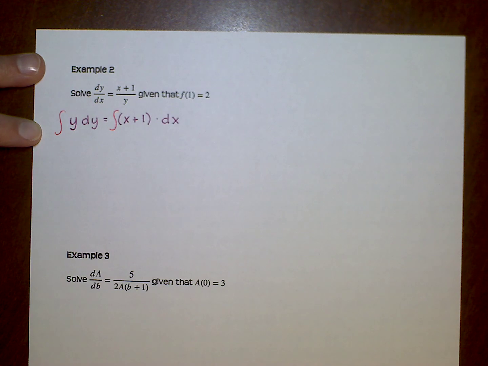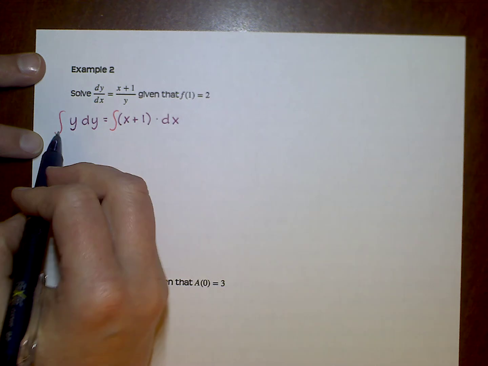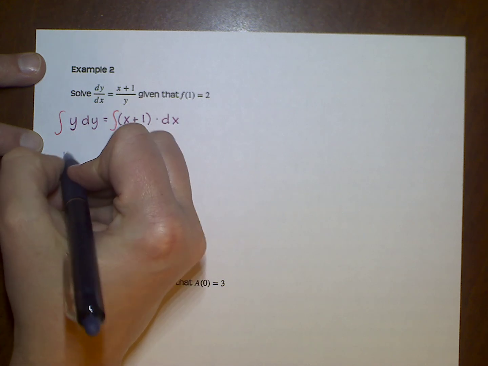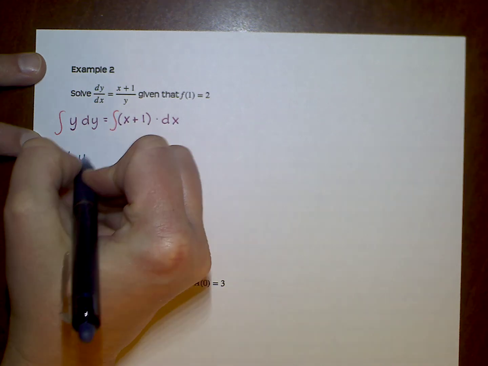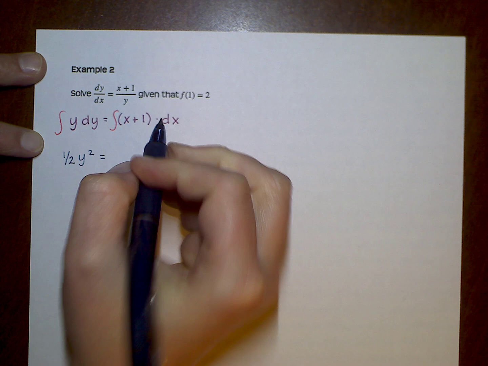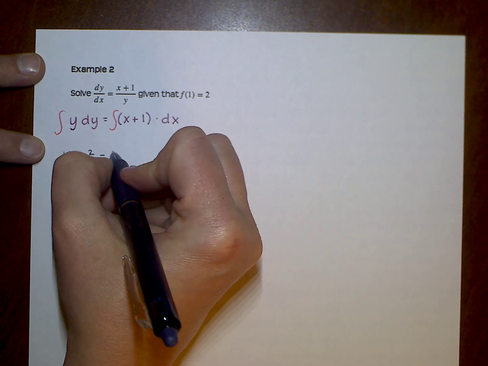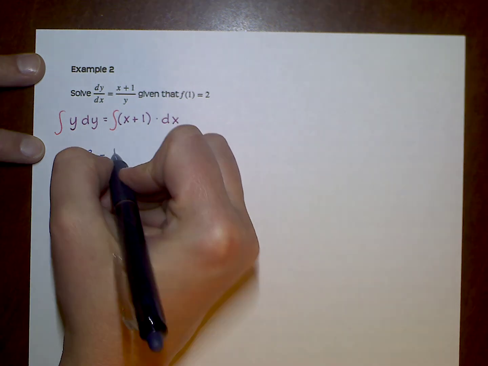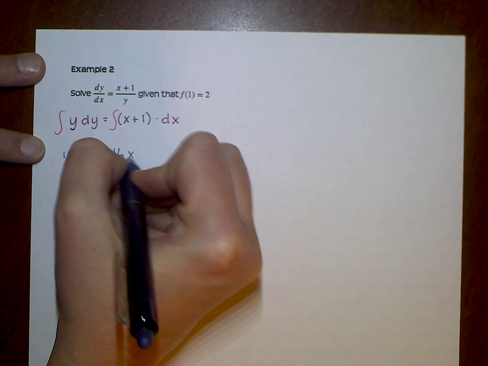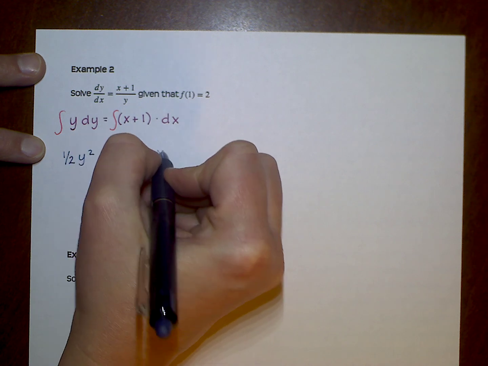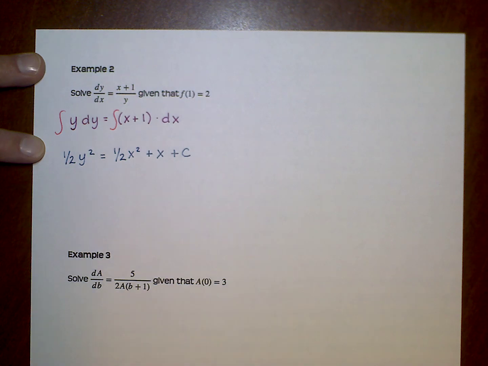Okay. And now let's actually integrate. So the integral of y would be 1/2 y squared. The integral of x plus 1 would be 1/2 x squared plus x, and then we get our plus c in there.